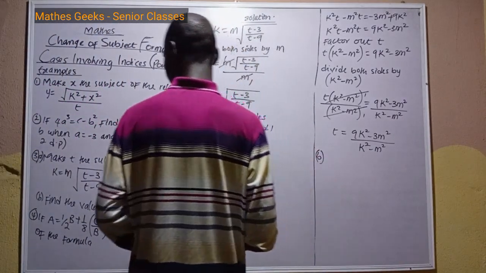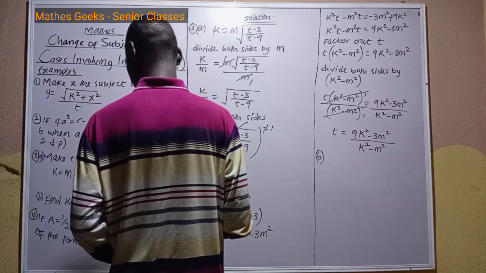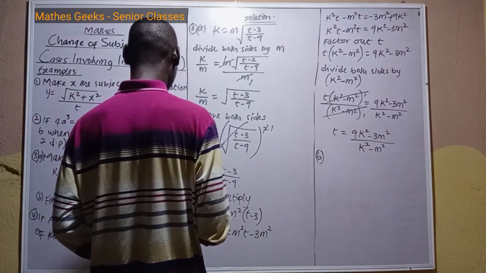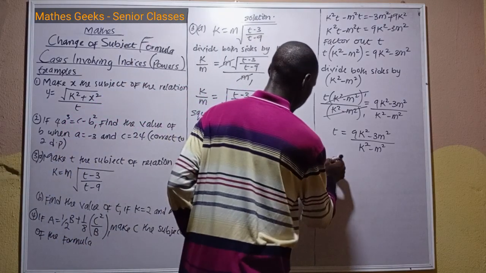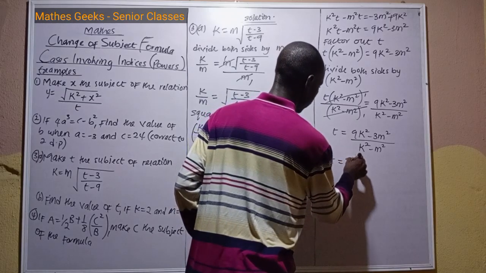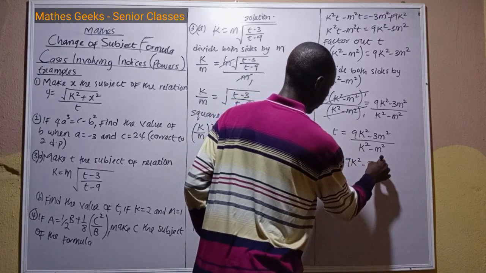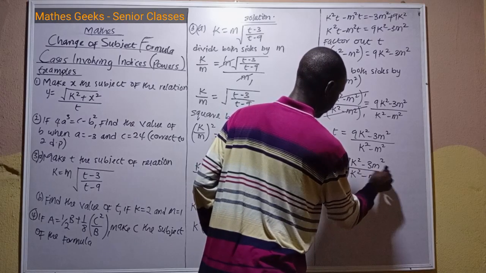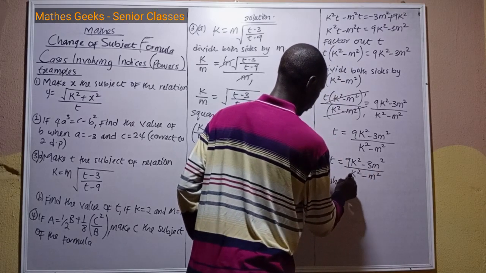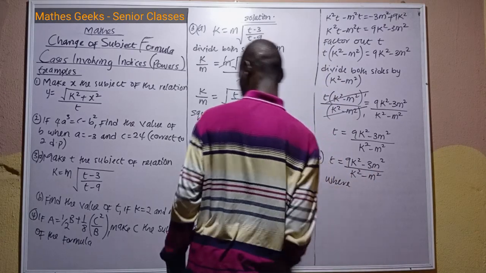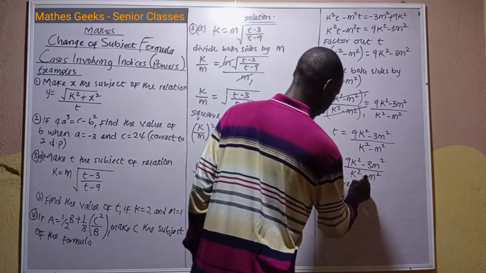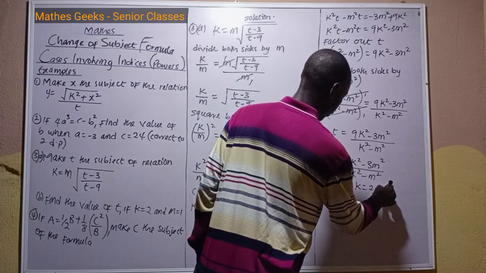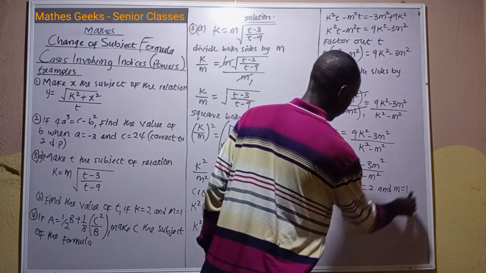Okay, so find the value of t if k is 2 and n is equal to 1. So I'm going to write it. t is equal to (9k squared minus 3n squared) over (k squared minus n squared), where k is 2 and n is equal to 1.